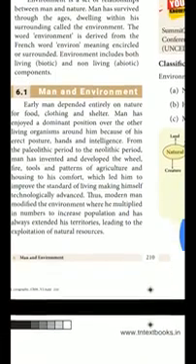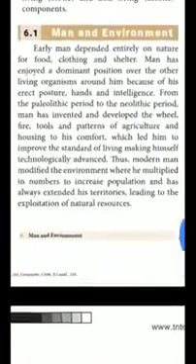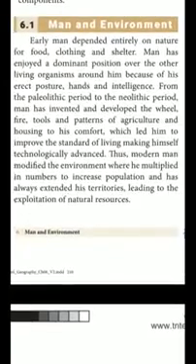First heading, man and environment. What do you know about this man and environment? In early days, mostly man depended on the environment for food, clothing and shelter. What are the basic necessities for human beings? Food, clothing and shelter, isn't it?